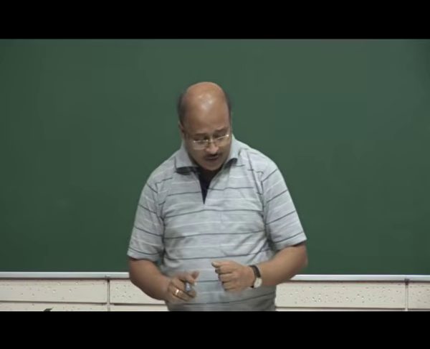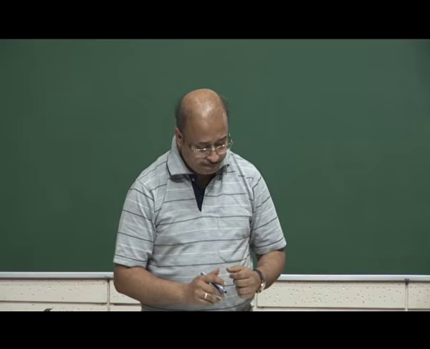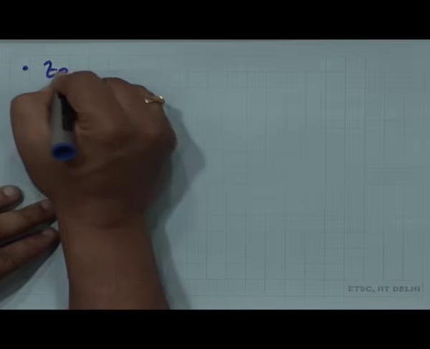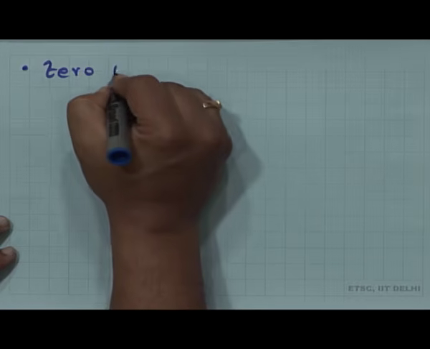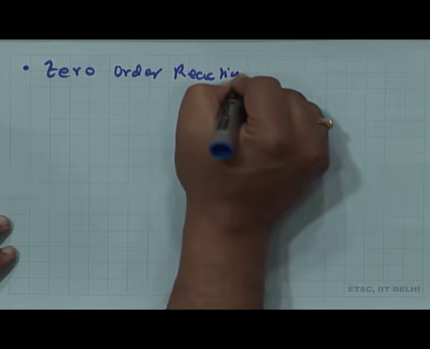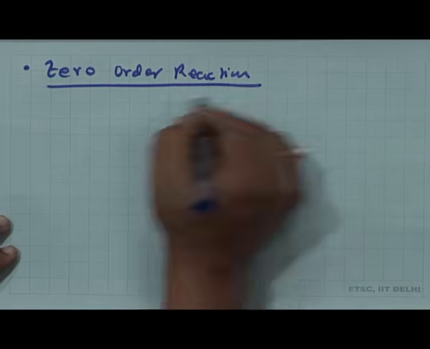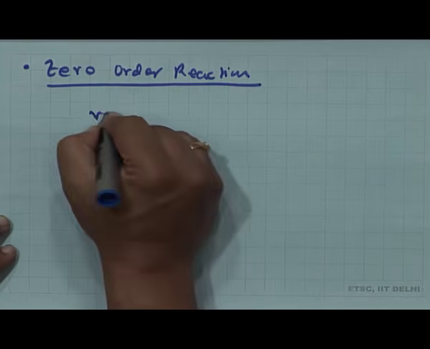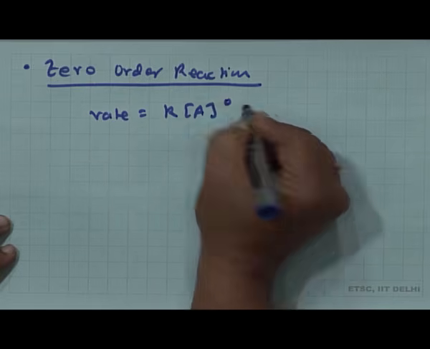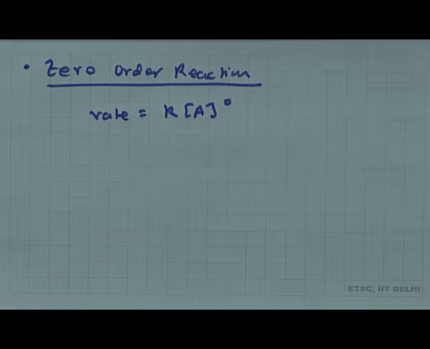Okay. So, carrying on with the same concept, say now if I go for a 0 order reaction, as we have seen before, rate is equal to K A raised to the power 0, right.